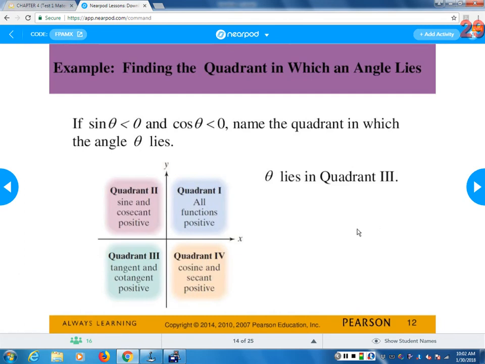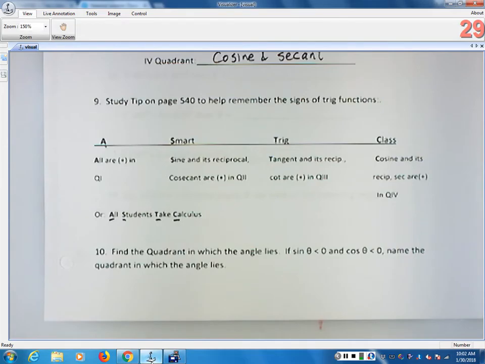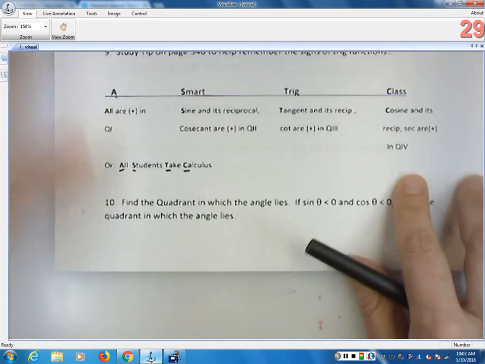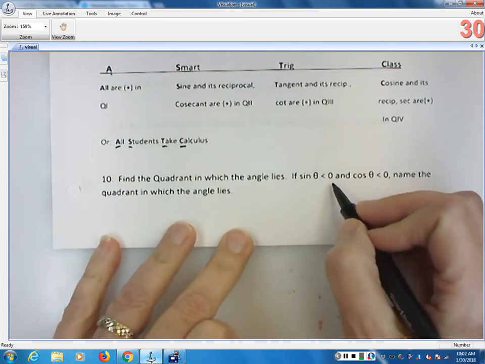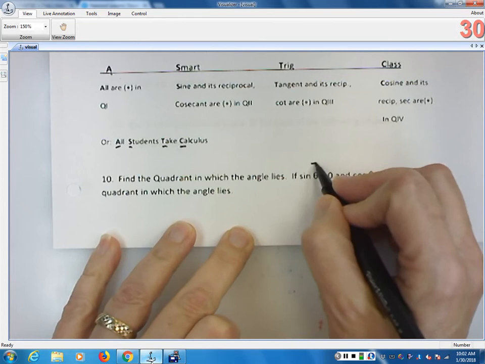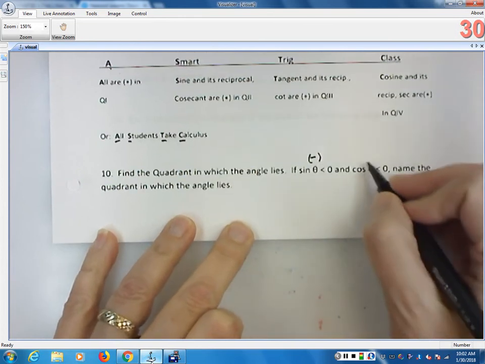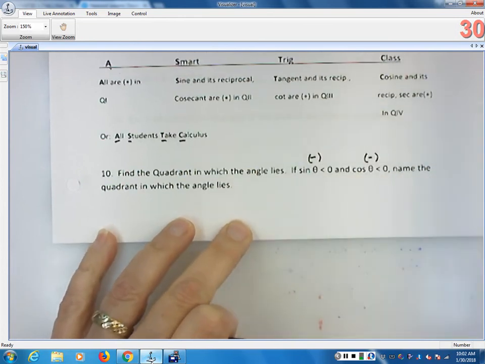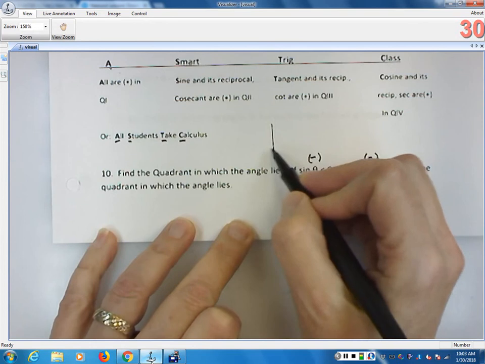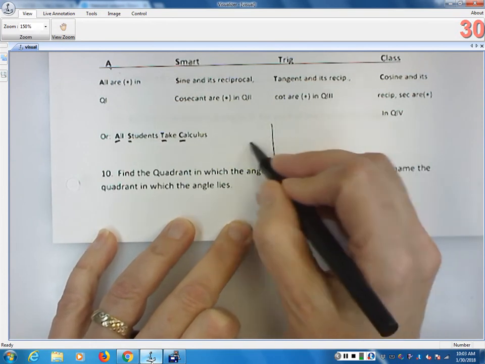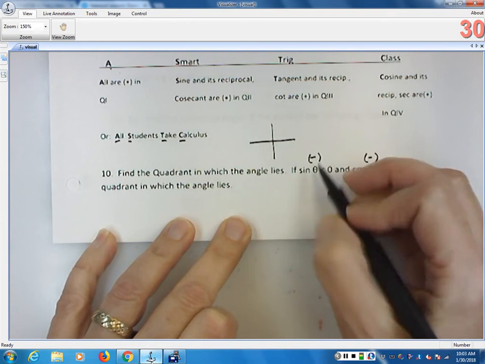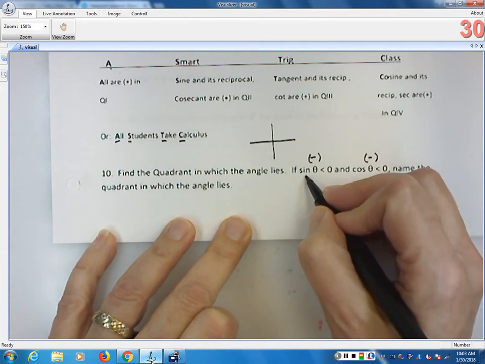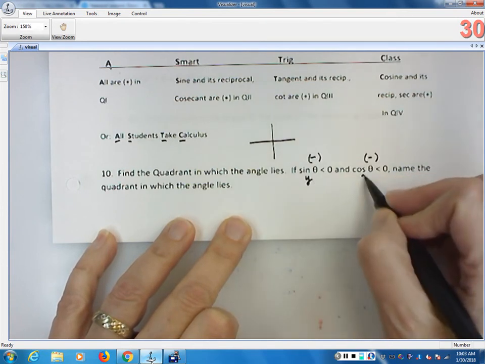So down at the bottom of the page, we're going to do an example. Find the quadrant in which the angle lies. So if sine of theta is less than 0, that means sine is negative, and cosine is negative. Which quadrant has a negative sine and cosine? Well, on the unit circle, sine is y and cosine is x.